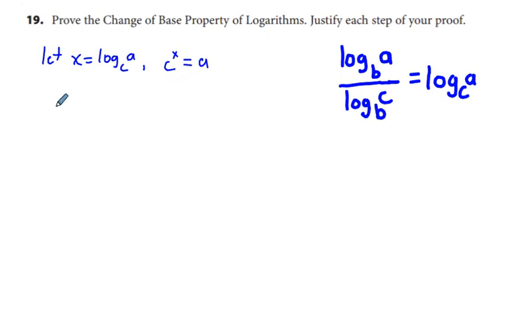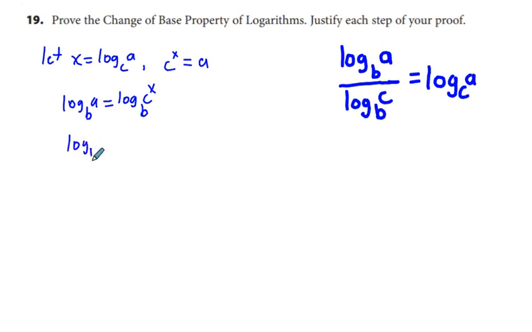So what we have is, we're going to write log base b of a equals log base b of c to the power of x. We're introducing the b to show a common base for a different logarithm than either a or c. So anyway, we're going to use the power property on the right side.